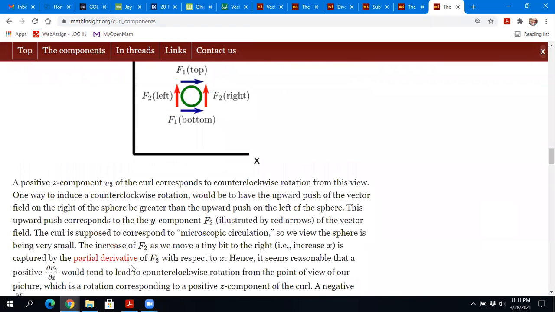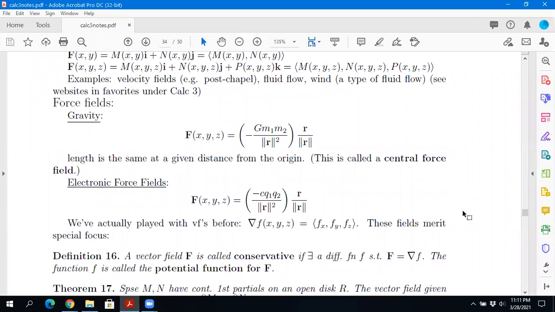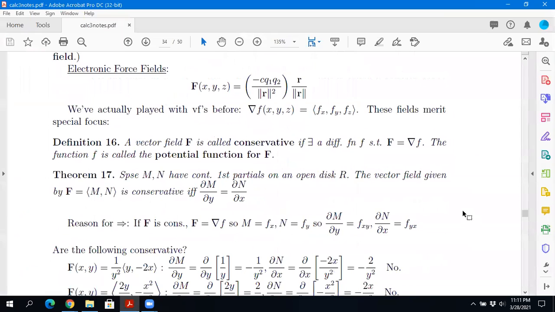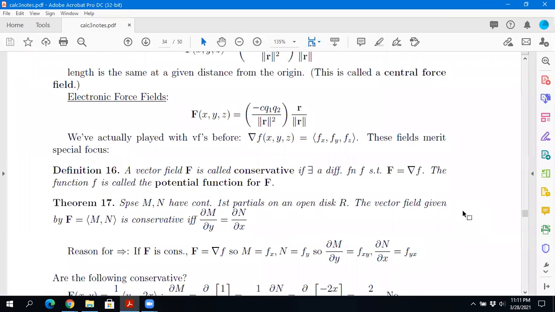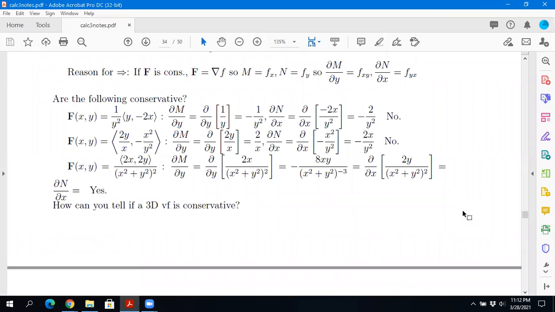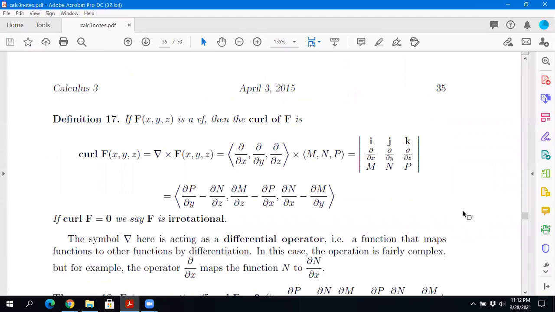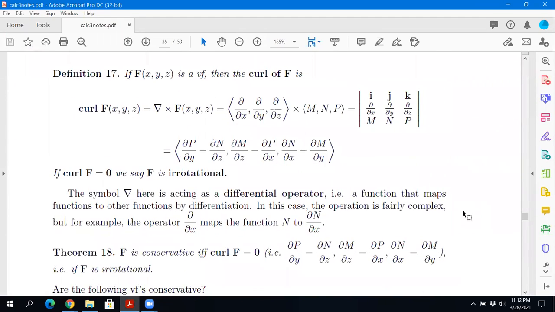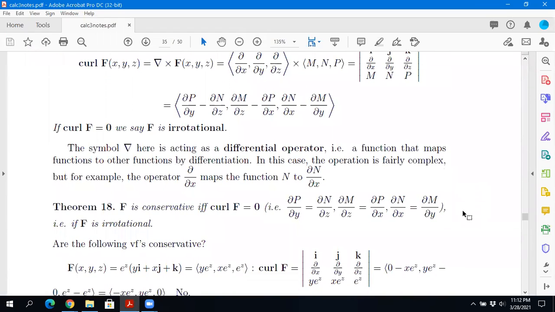So I'm going to go back over to here now and go down here. I'll come back and talk about some of these things like conservative and a potential function later on. But what I mainly wanted to do was just do a couple of computations here in closing. And we'll talk about irrotational and things like that.